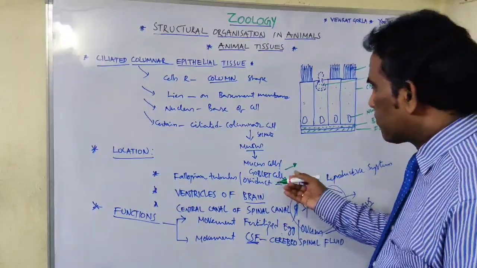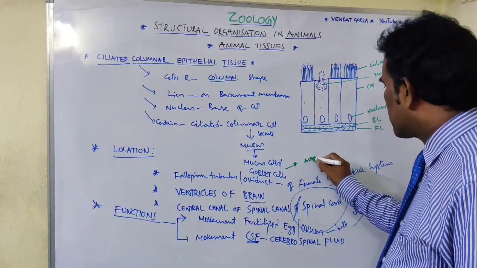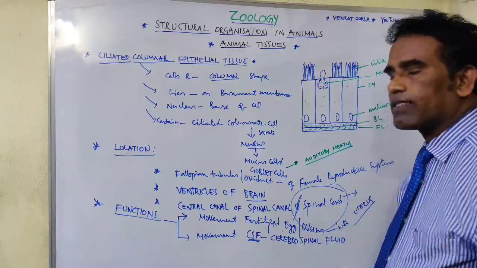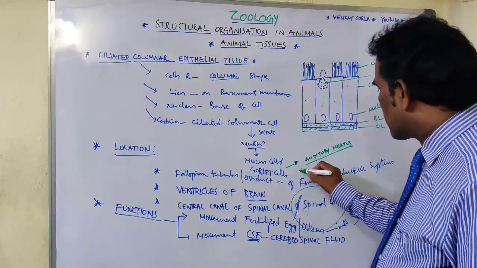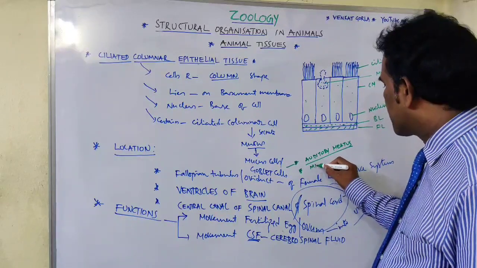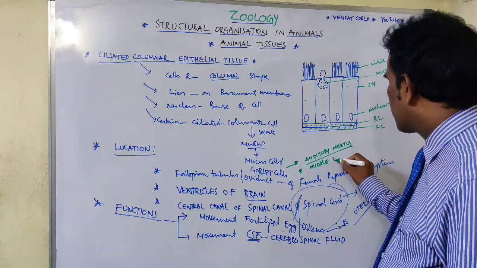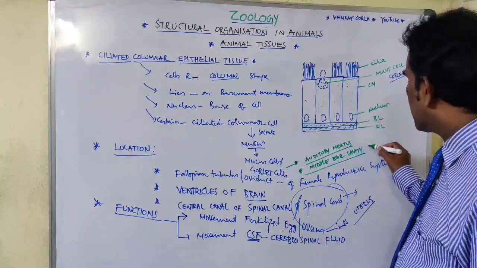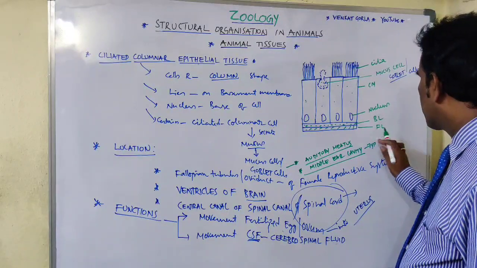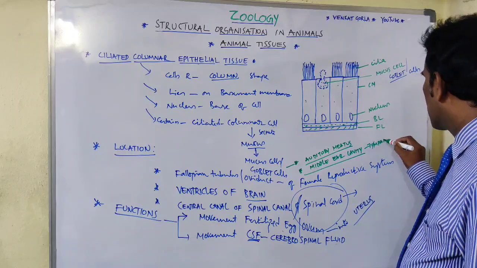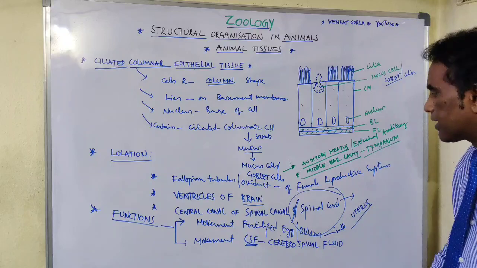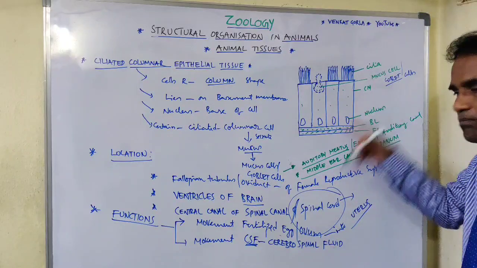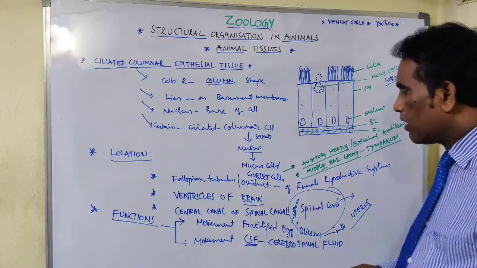It is also found in the auditory meatus, or external auditory canal of the external ear, and also in the middle ear cavity, the tympanic cavity of the middle ear. So these are the locations.